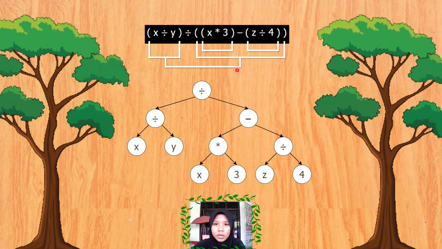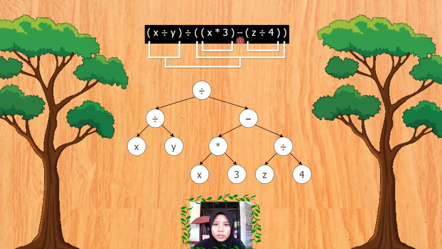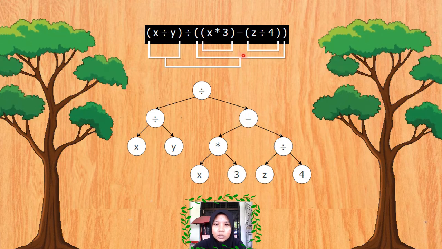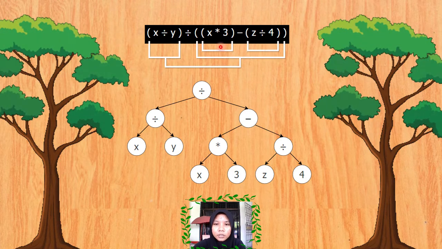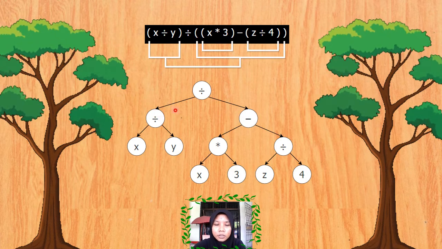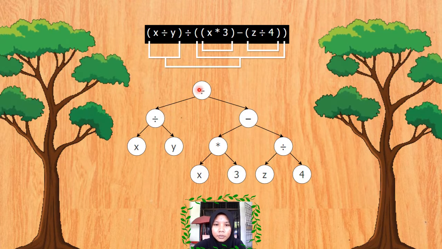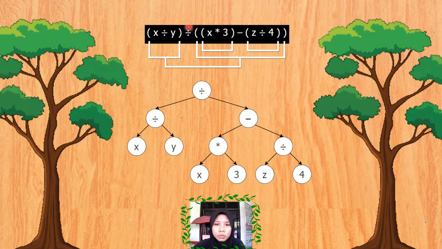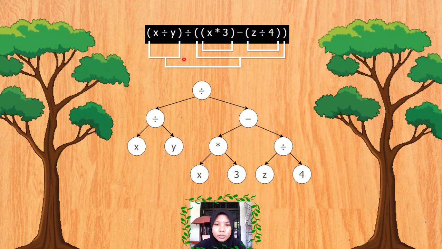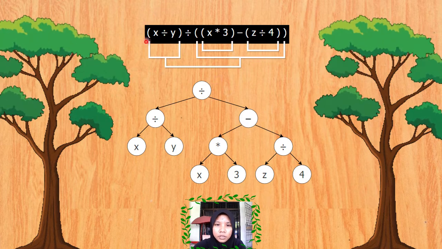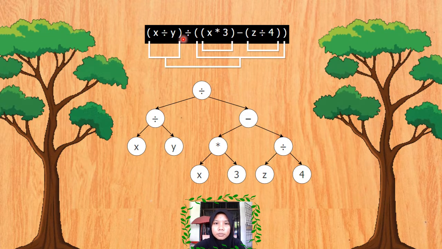And then we minus. So the minus will be the root for the inner bracket here. After we got the left side and right side, we can do the main root, which is the division. So division will be the main root of this whole expression.